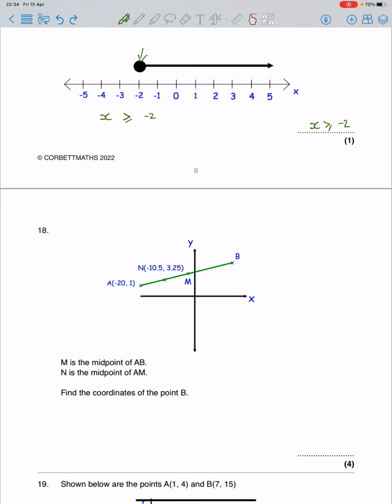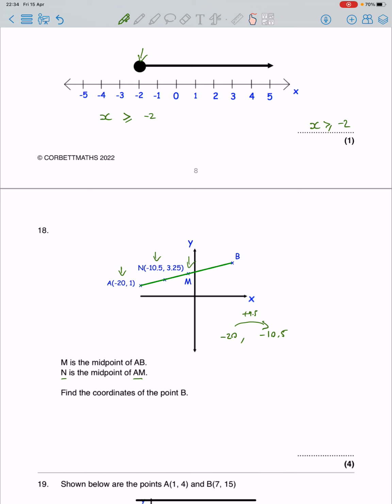Okay, so if we know that N is the midpoint of AM, well, we can work out what M is, because we know that to get from, so let's just look at the x coordinate for a minute. To get from minus 20 to minus 10.5, we have to add 9.5.